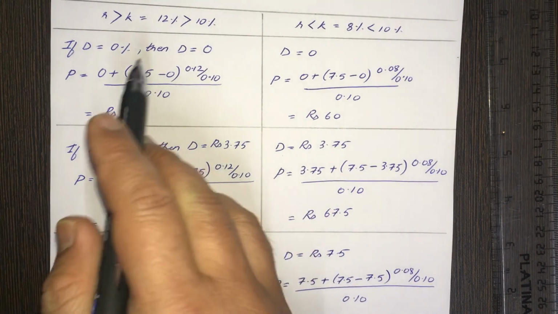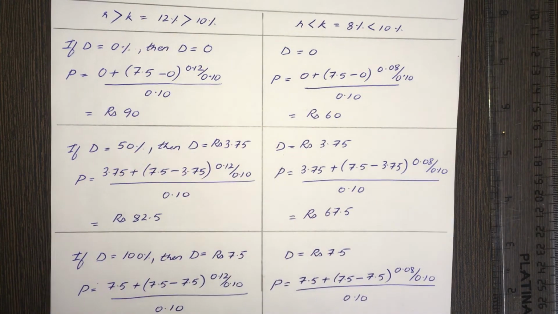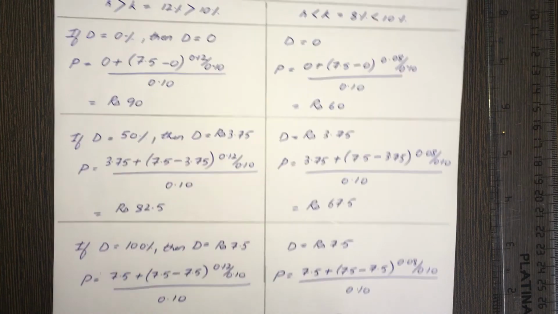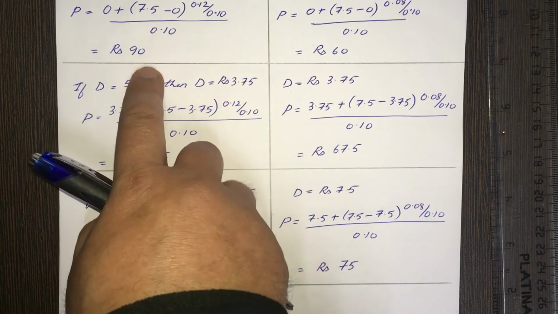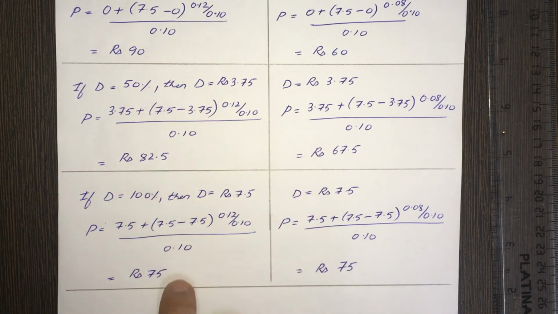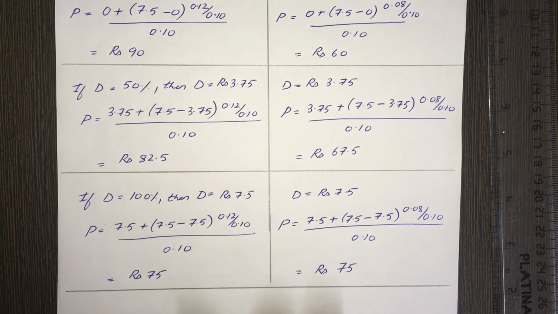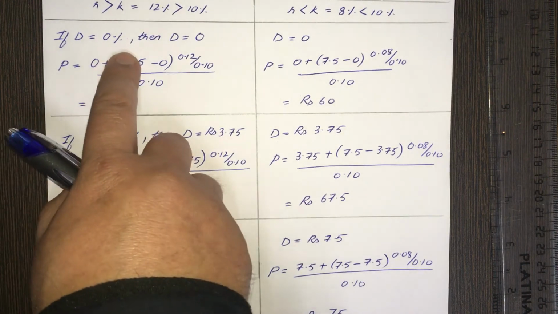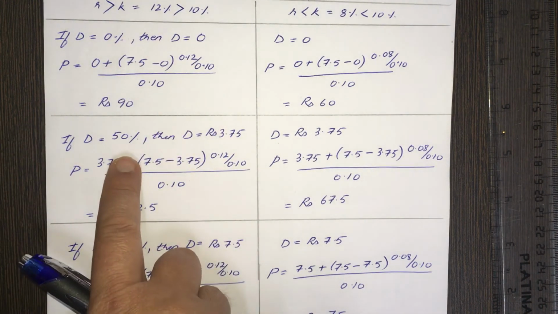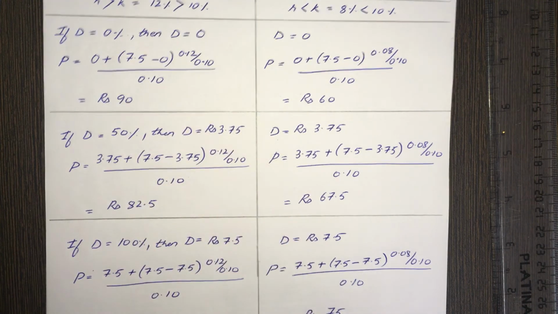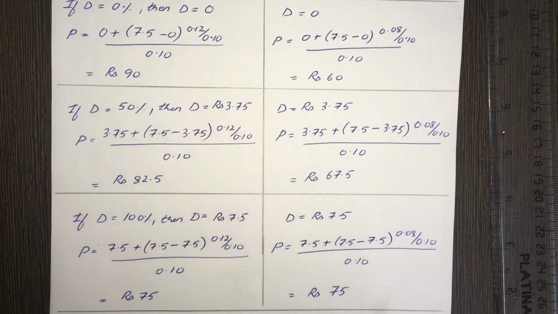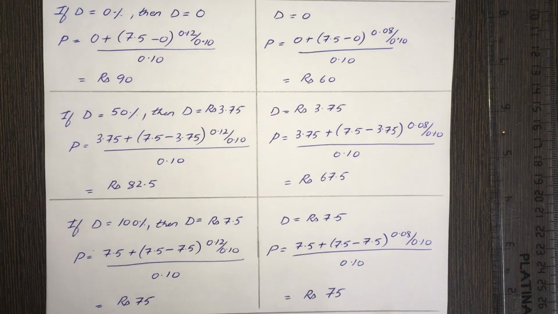So for a growth firm where R is greater than K, you will notice that the price per share decreases from 90 to 82.5 to 75 with the increase in the DP ratio from 0% to 50% to 100%. So for a growth firm, the optimal payout ratio will be what?